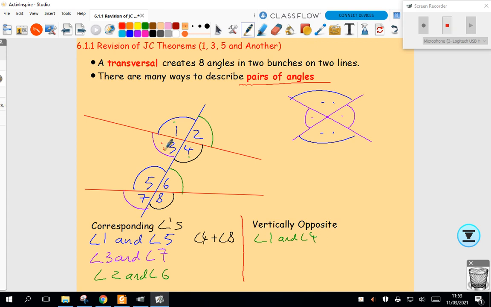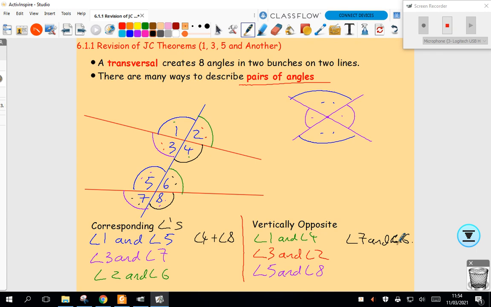But we also have angle 3 and angle 2, and we also have angle 5 and angle 8, and then we also have angle 7 and angle 6. Those are more pairs of vertically opposite angles.